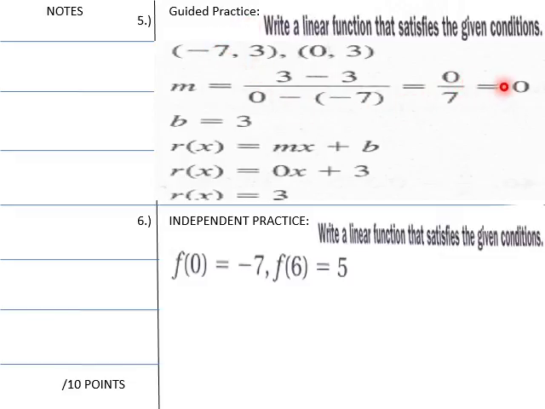We have a slope of 0, so it's a horizontal line. b equals 3, so we have 0x plus 3. r of x equals 3. So that would be the equation of this line. Both of these have the same y-coordinate, so it is a horizontal line. And then down here, students, that's on you.